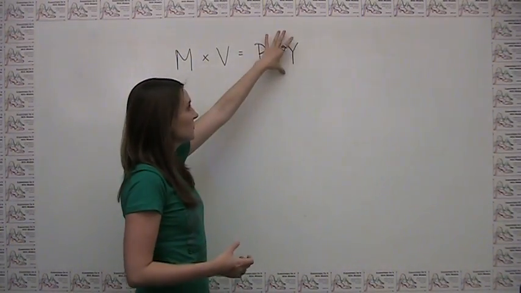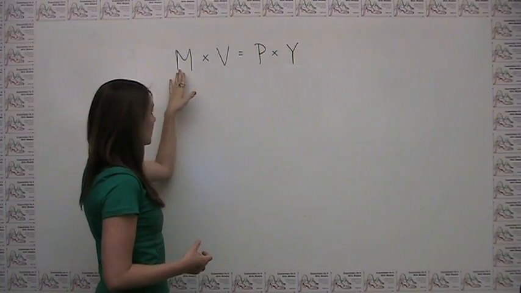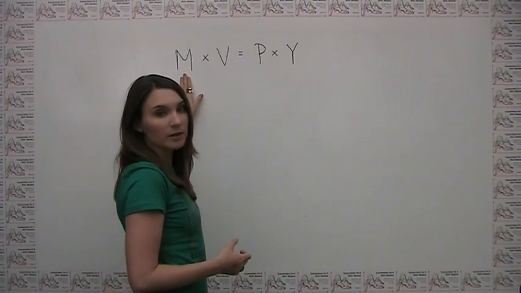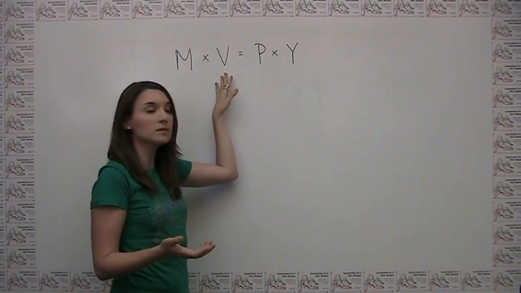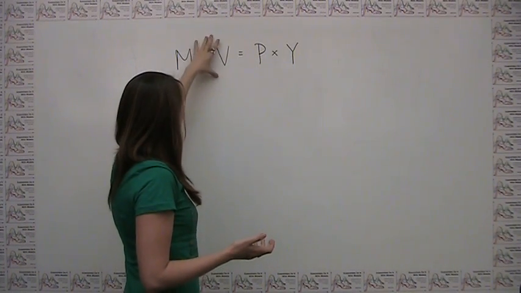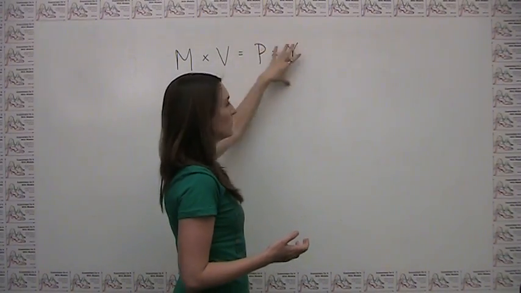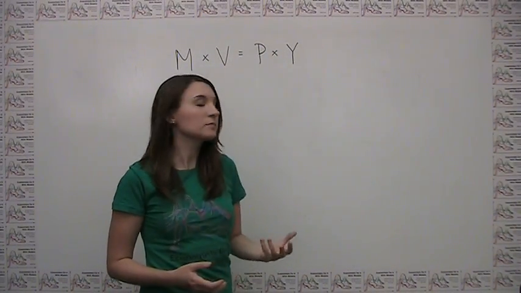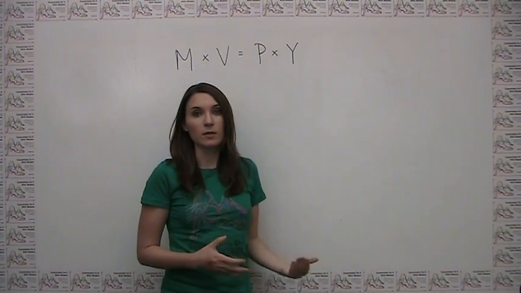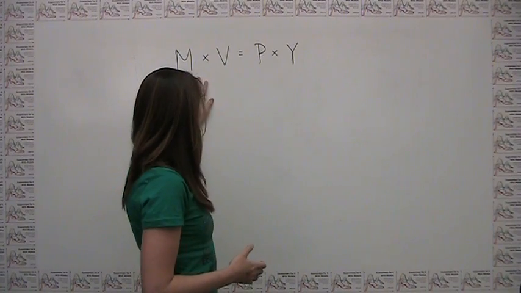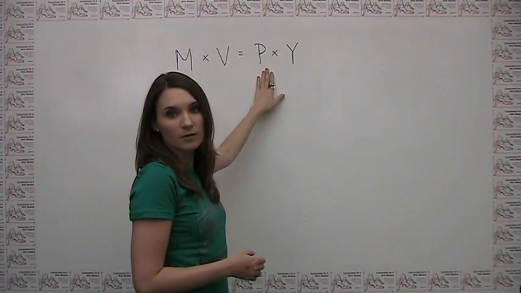So we have total dollar value of output over here, and then over here we have the amount of currency available in an economy times how many times that currency changes hands, which makes sense because we have to have this currency paying for this output that we see over here. We call this form of the quantity equation the levels form because what it's doing is it's relating the level of the money supply to the level of prices.